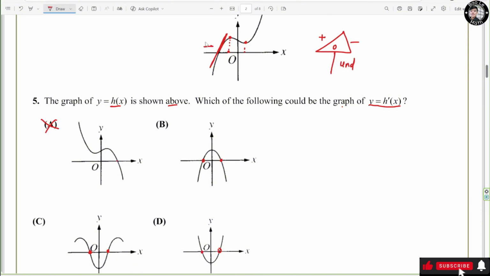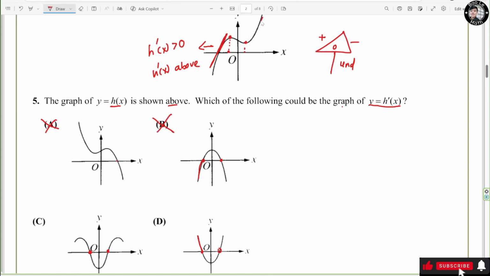So it tells us that the function h prime of s is greater than 0, right? And then if h prime of s is greater than 0, the function h prime of s should be above the axis, right? So this one is above, right? This one is below, right? So we need to eliminate this one, right?